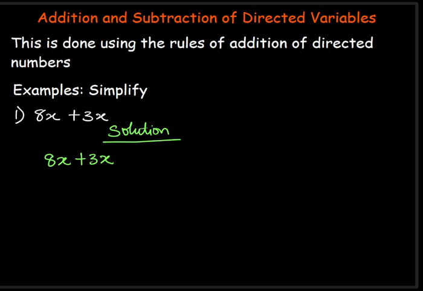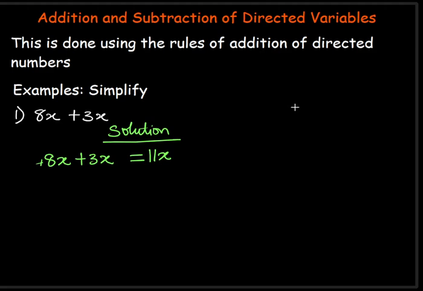Okay, let's see what we have here. This is simple, just plus and plus, so it is normal addition. 8x plus 3x: 8 plus 3 is 11, and then we attach our x. 8x plus 3x gives us 11x.